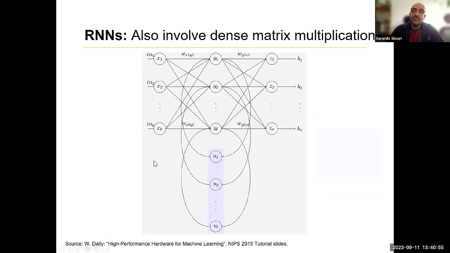And our RNNs, recurrent neural networks, also don't have all of the convolutions I was just mentioning, but they also have these dense matrix multiplications going on because the activations in previous layers also influence further on. So you don't have the convolutions, but you have other things to worry about.